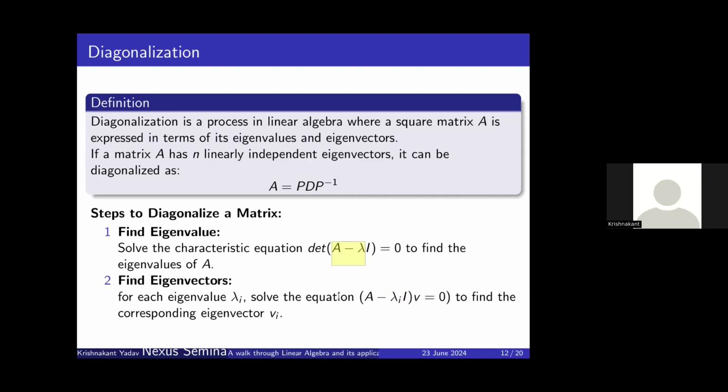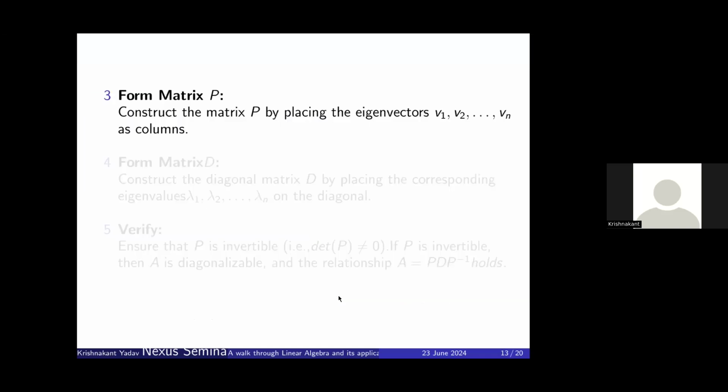If we get a lambda 1 and put it into this, we will get V1, and so on. The next step is to form the matrix of eigenvectors V1 and V2, mention that, as columns.